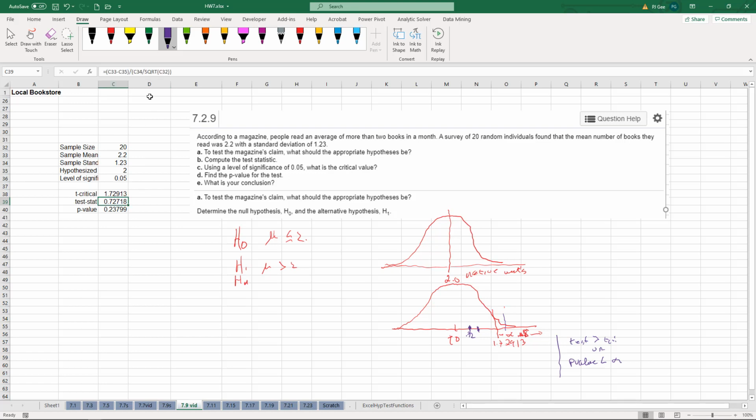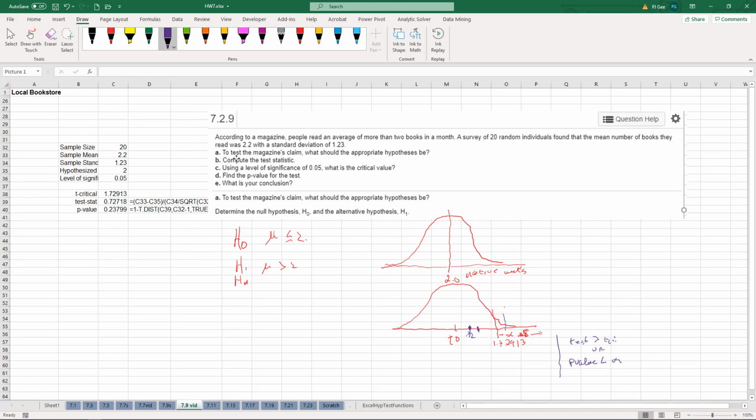Just to finish this off, I'm going to put this over here as text, and this over here as text, which shows the equations that we use to get those computations.